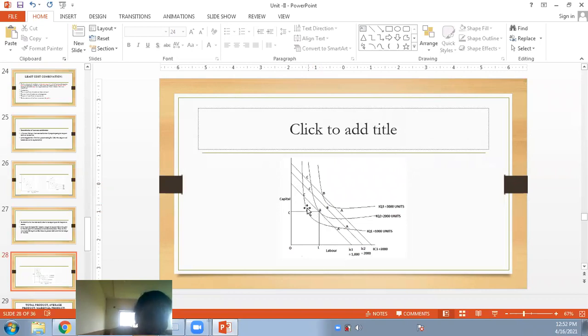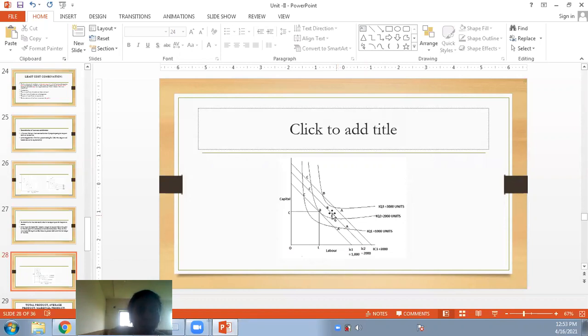See here, in the first curve, when this IQ1 equals 1000 units, what happened? The iso-cost is somewhere else, but the quantity is very less here. So this is not the right combination of output because we have more available funds with us. Next one, it is becoming a tangent, but it is a perfect aspect for cost.